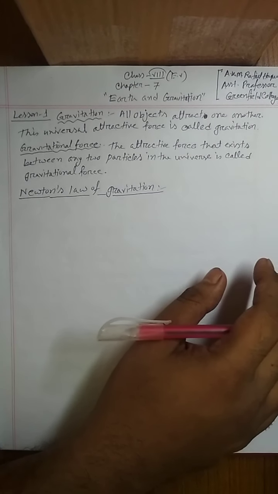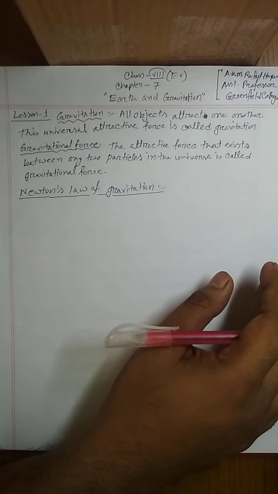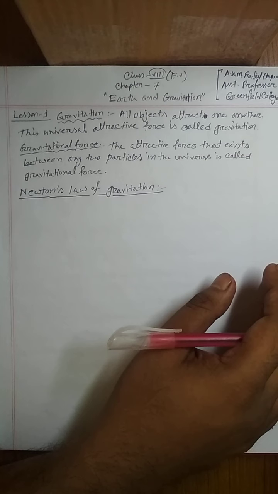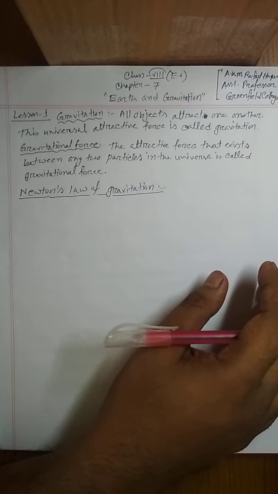That's the theorem, the gravitational attraction between two homogeneous spheres is proportional to their masses and inversely proportional to the square of their distance.